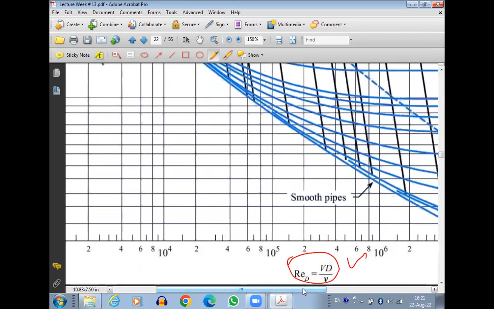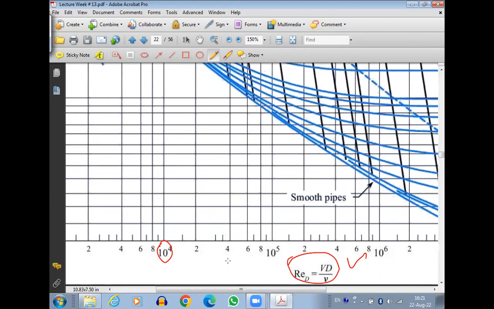The x-axis is not linear. It's basically log. So you see here, this is 10 to the power 4, meaning 10,000. Then this is 2 into 10 to the power 4, meaning 20,000. Then 40,000, 60,000, 80,000, 100,000. 10 to the power 5 is 100,000. So this is not linear.